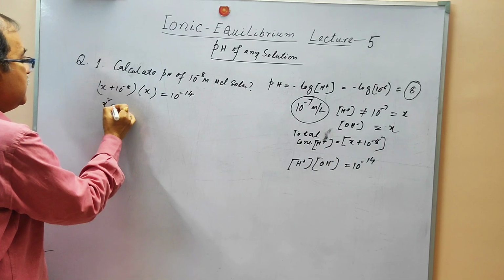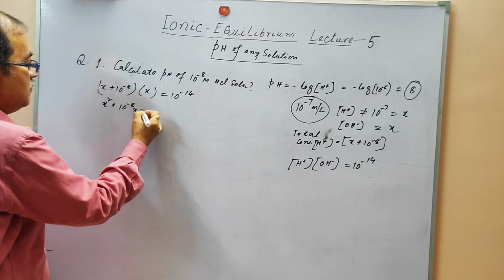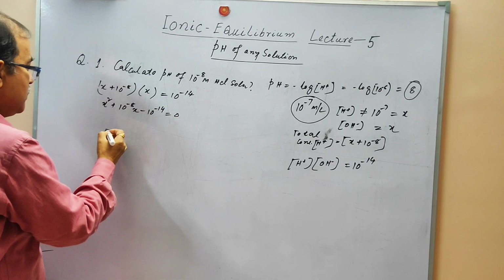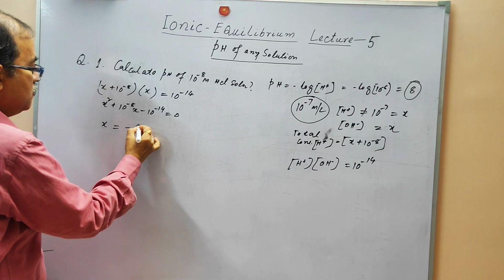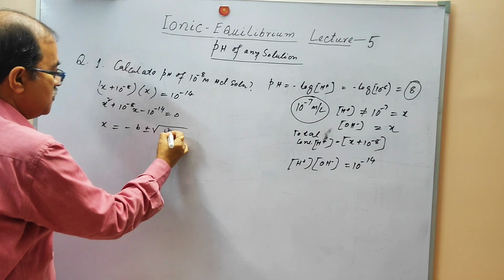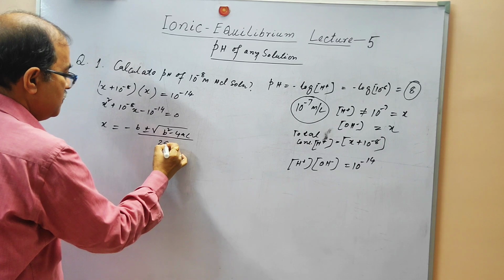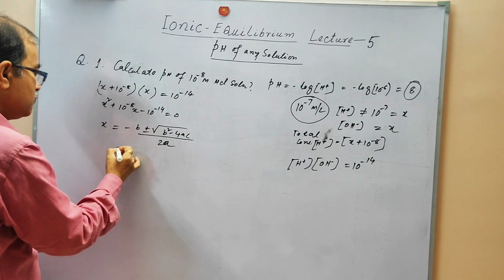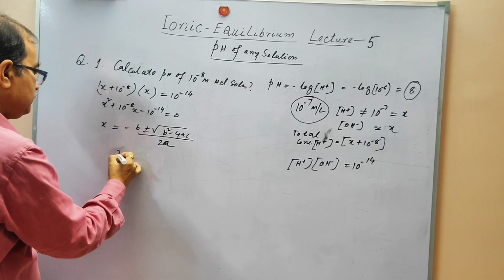So it becomes a quadratic equation. The roots of this quadratic equation are minus b plus minus root over b square minus 4ac, by 2a. So if we put in all the values, we will find X.